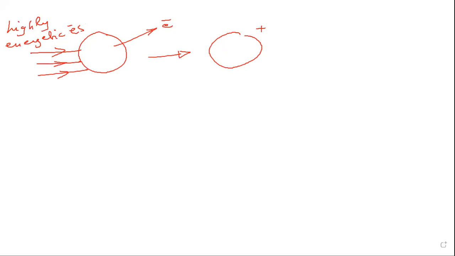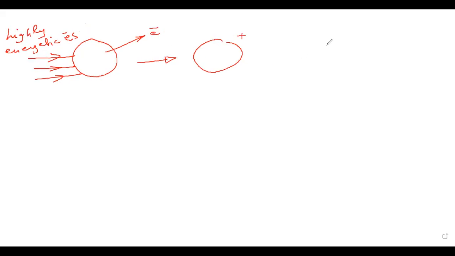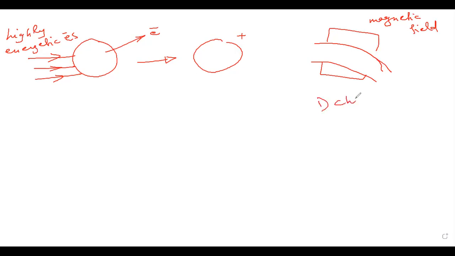And this positive ion, when it moves through the mass spectrometer, will be subjected to a magnetic field. In the magnetic field, the ions are deflected. I don't know if you remember such things or not. This is a magnetic field where the ions are going to be deflected depending on two things: their charge and their mass.